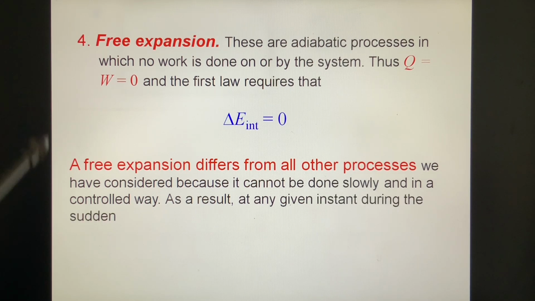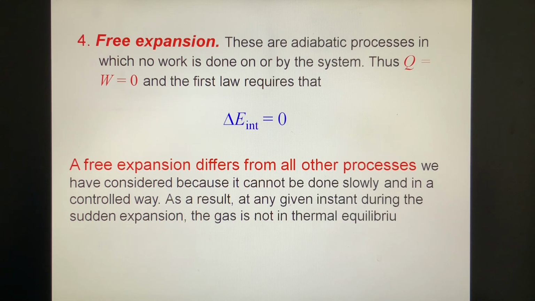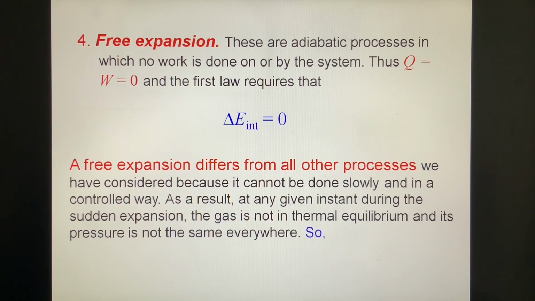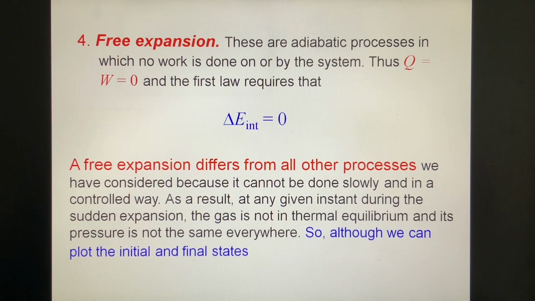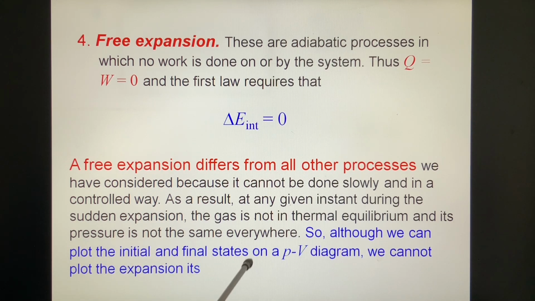As a result, at any given instant during the sudden expansion, the gas is not in thermal equilibrium, and its pressure is not the same everywhere. So, although we can plot the initial and the final state on a PV diagram, we cannot plot the expansion itself, only two points, not the process.